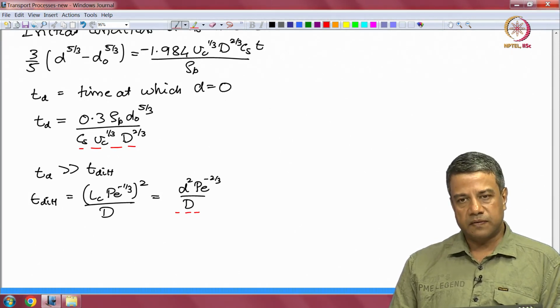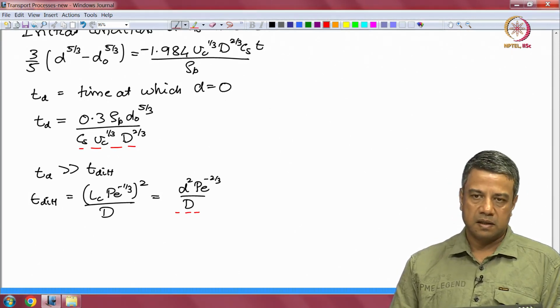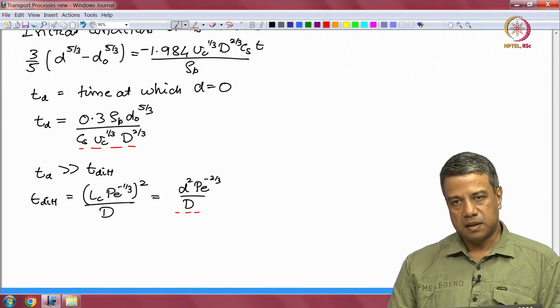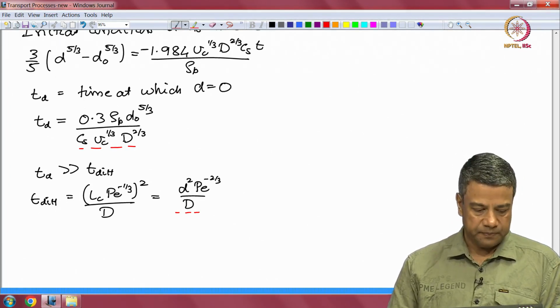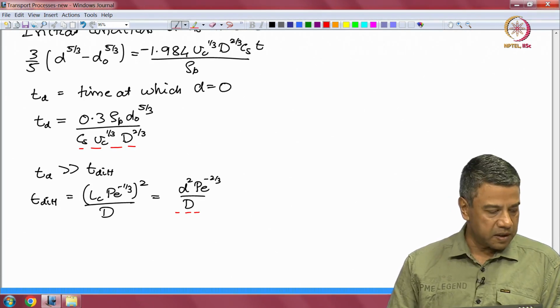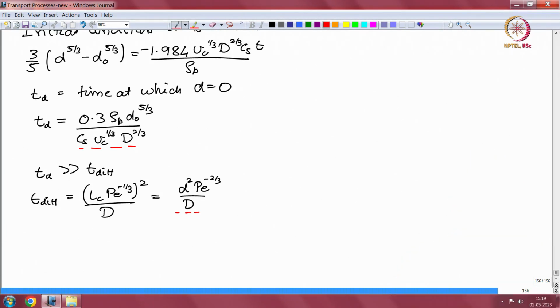So I have shown you a couple of examples for unsteady state transport, first heat transfer and then mass transfer from a particle, due to forced convection at high Peclet number. The requirement is that the time required for diffusion should be much smaller than the time it takes for the variation of the temperature at the surface of the particle.